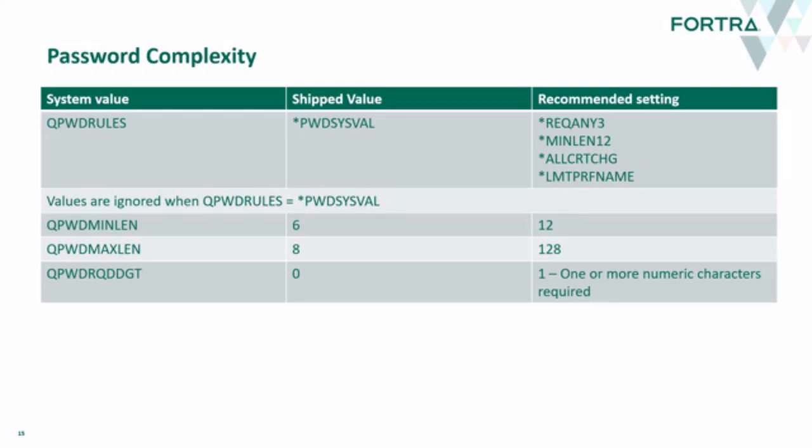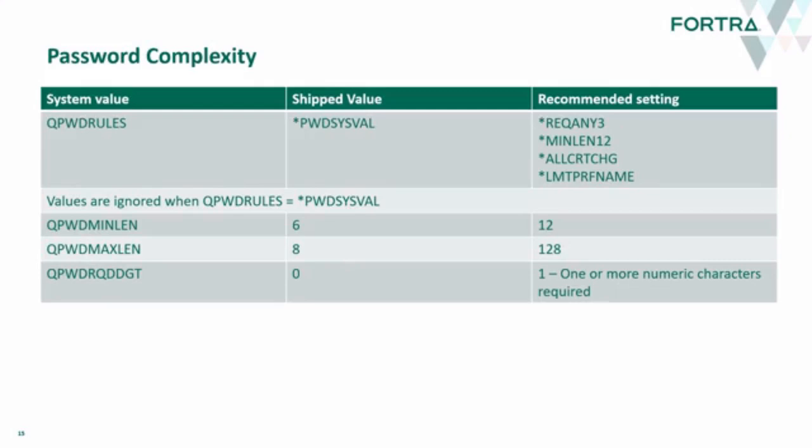So that *PWDSYSVAL is going to look at the password min length, the max length, the required digit value. There's a number of others that we're going to look at on the next page. But if you start using password rules, you can likely make your complexity rules very close to what your Windows environment is set up to be.